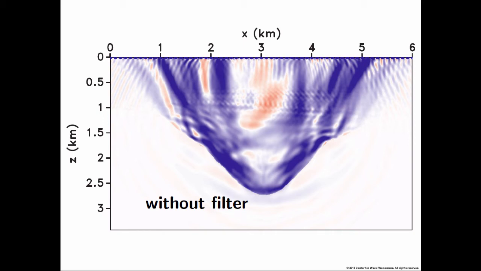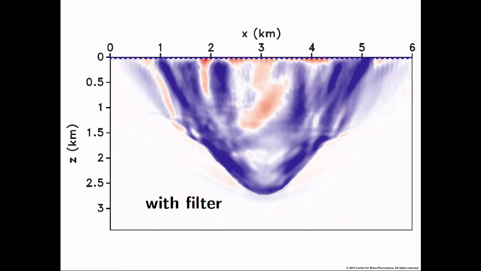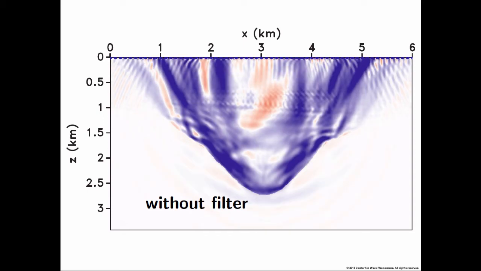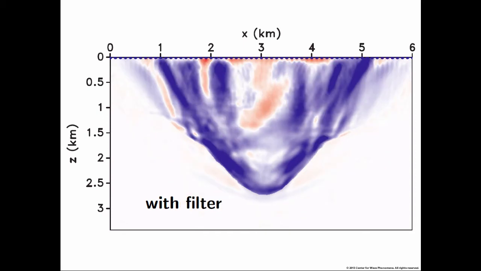You can also note that the gradient contains a sharp change between sediment and salt. So here the gradient update is basically confined to the sediment section. If we apply the nonlinear filter to this image, this is what we would obtain. So this is with filter, without filter, with filter, without filter.